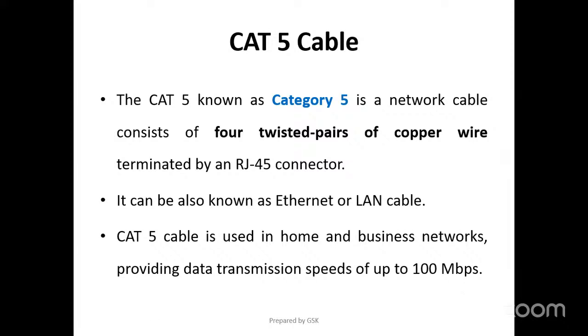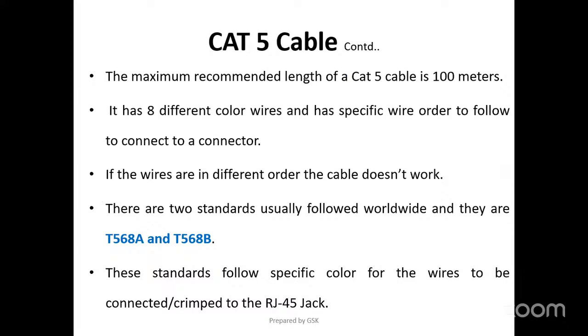Let me tell you some more points about the category 5 cable. The maximum recommended length of the category 5 cable is 100 meters only. And this is a very important point: the Cat5 cable has 8 different color wires. I will show you the image in the next slide.